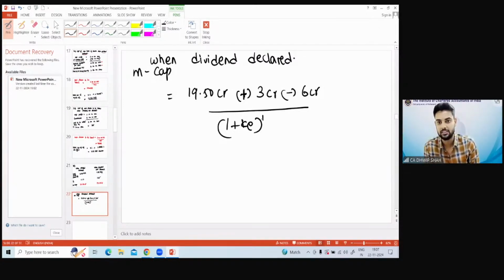Are you getting this? This is what he said, that another way to calculate the market value of the firm is discounting the future value into present value terms.